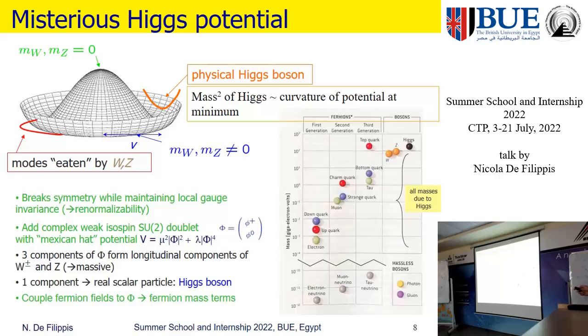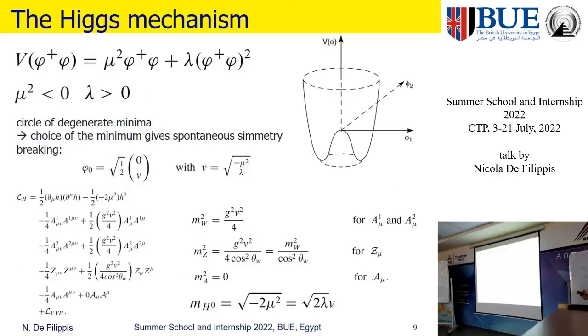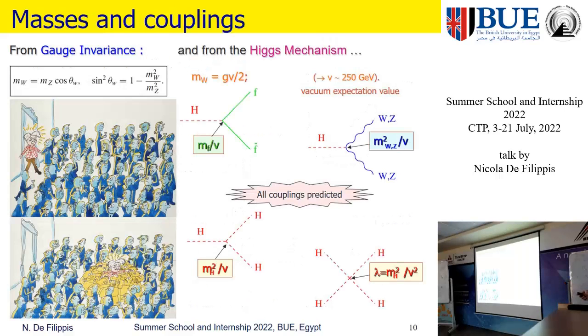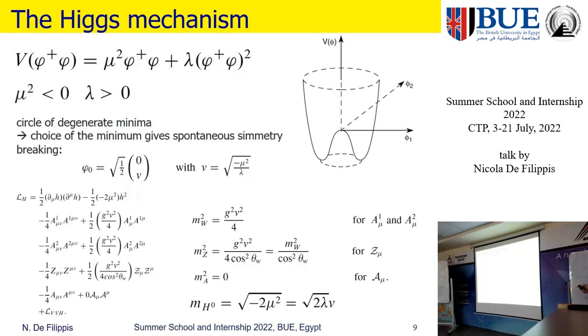And you have heard a lot about the Higgs mechanism, so I won't go through all the mathematical detail. I mean, you know better than me. All the details about the degenerate minima, and the fact that you have to choose.